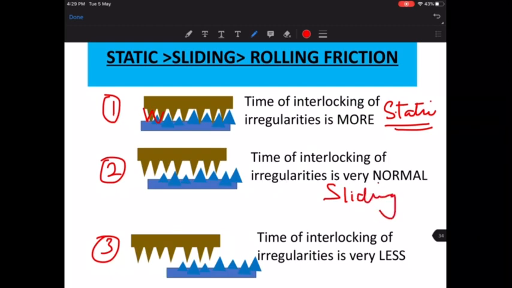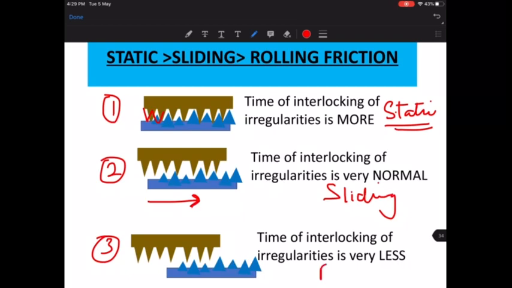What happens in sliding friction? Is the object moving or is it stationary? In sliding friction, it is moving. Correct. But when it starts moving, the interlockings have started to get unlocked. From the static friction where they were perfectly interlocked into each other, now the irregularities have just started to unlock.